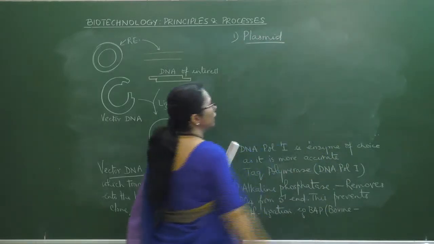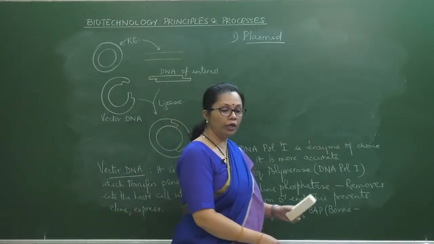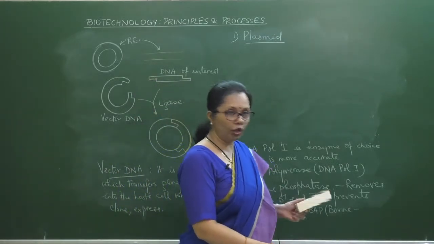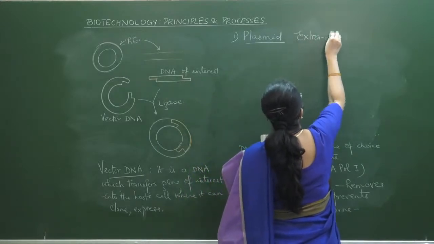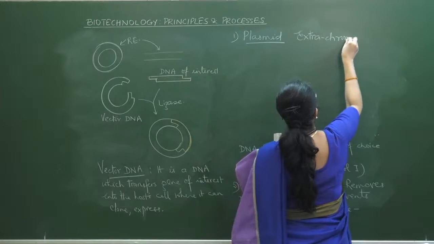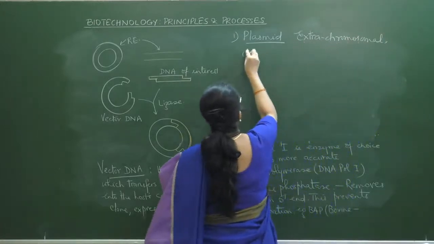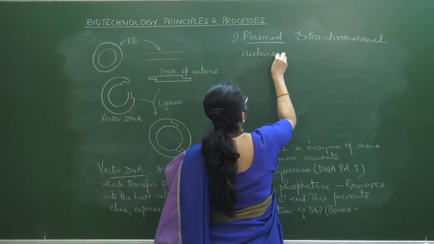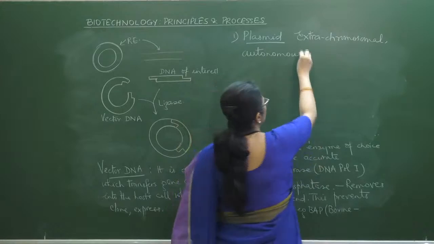Now plasmid, you see, is extra chromosomal double stranded DNA found in some bacteria, not all of course. So this is extra chromosomal, autonomously replicating, because it has its own replication sequence.